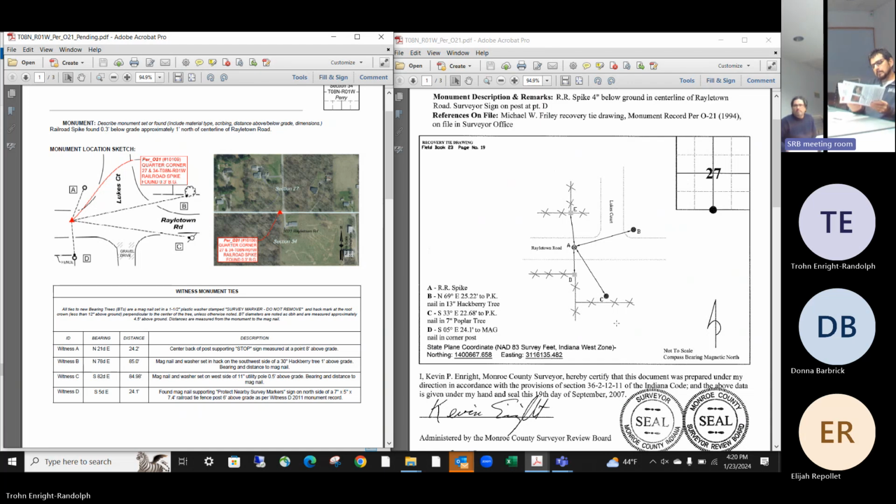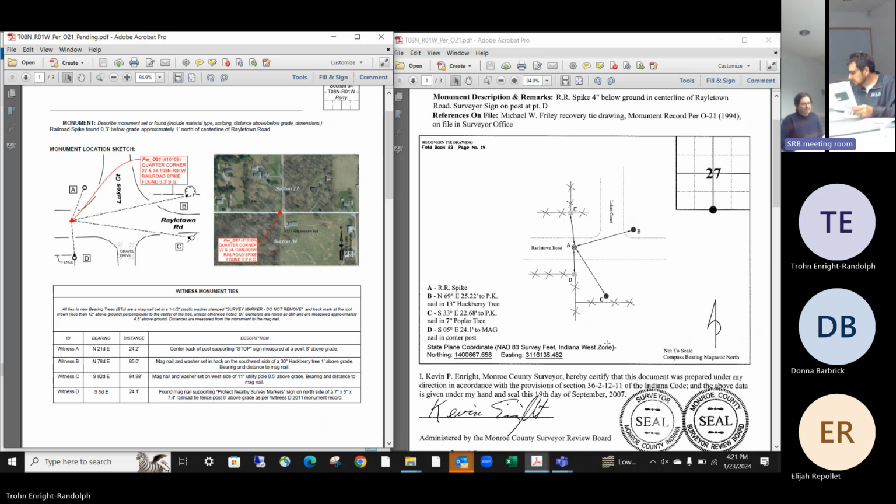We were under the assumption that this was asked to be redrawn by Mr. Kevin Enright in 2009. I don't recall drafting it by any means, but it is one of my ties that I drafted. I'm assuming somebody went out looking for it, and it wasn't the right spot, but I just checked the coordinates. Yeah, that makes sense.